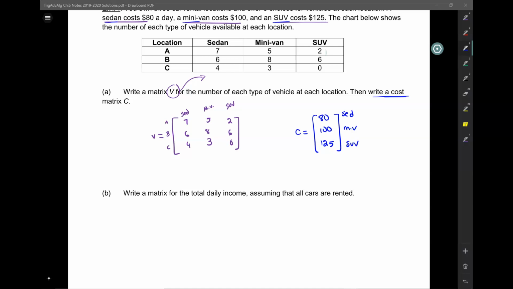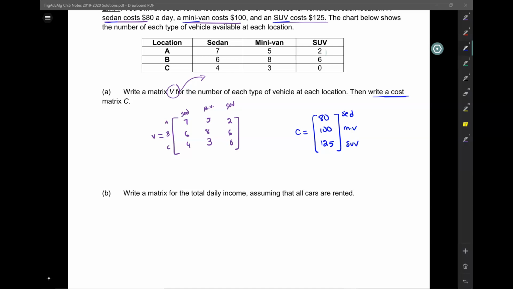If you're in charge of the finances for, let's say, Enterprise Rent-A-Car or Hertz, you don't just have 3 locations with 7 sedans and 5 minivans, right? You've got a whole bunch of locations. And for that, you need not 2 by 2 matrices, not 4 by 4 matrices.